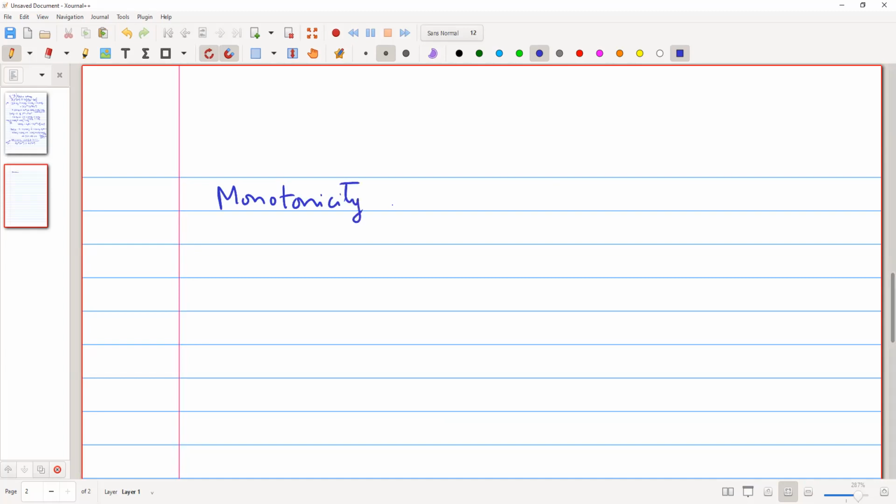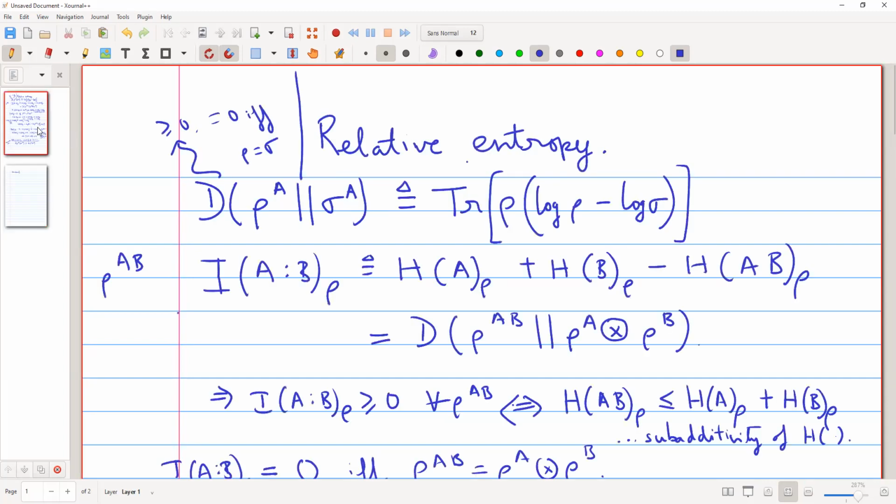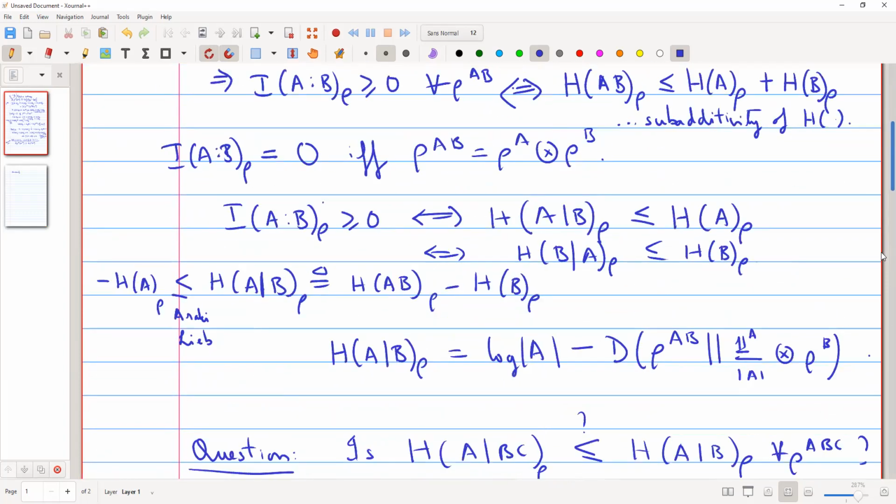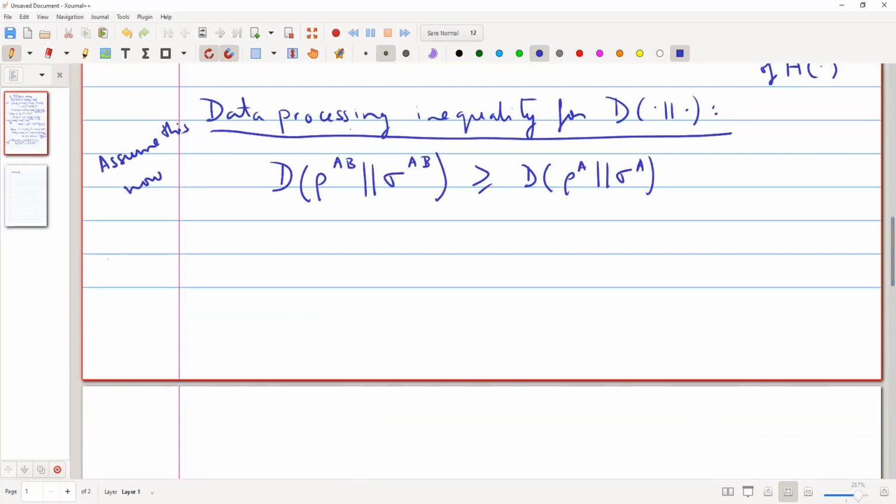The data processing inequality for relative entropy, the way I have written it, when I'm tracing out the system B, is often also called monotonicity of relative entropy.